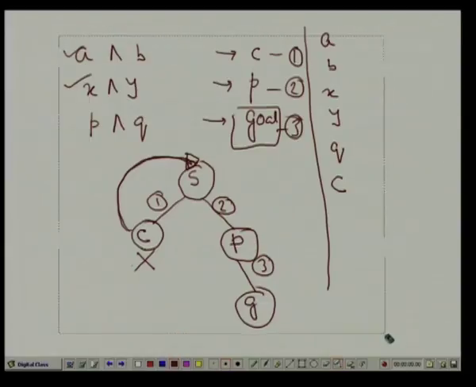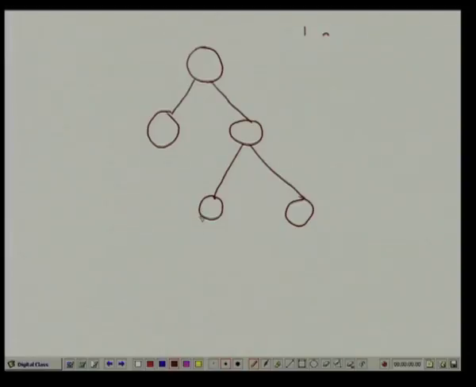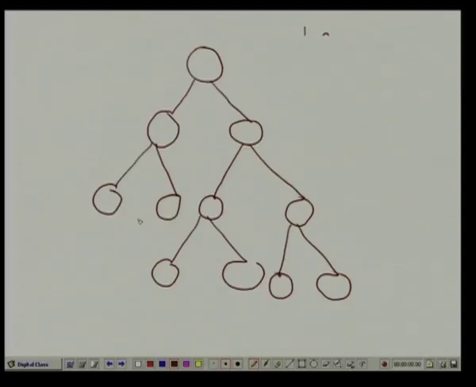So, in general what happens is that whenever I have a tree like this, which I am exploring in either way, when I am here, suppose I have reached some dead end here, then usually we backtrack one level up and look at the other possibilities and try over here in a typical depth first search.